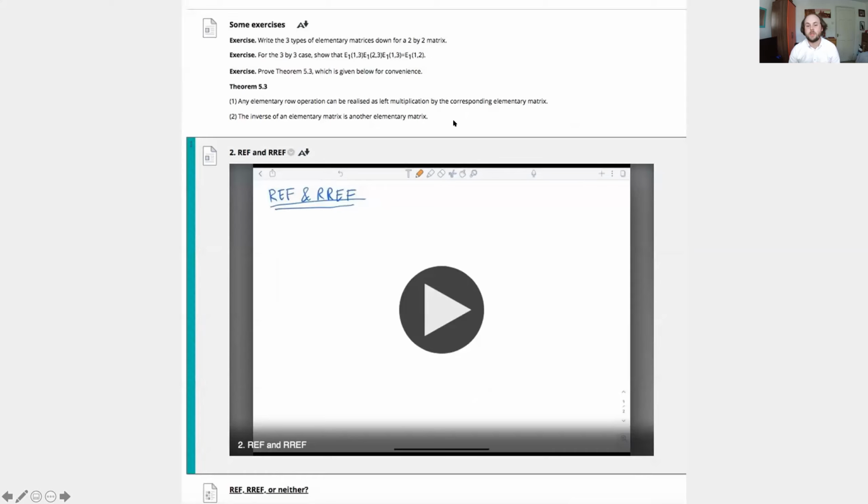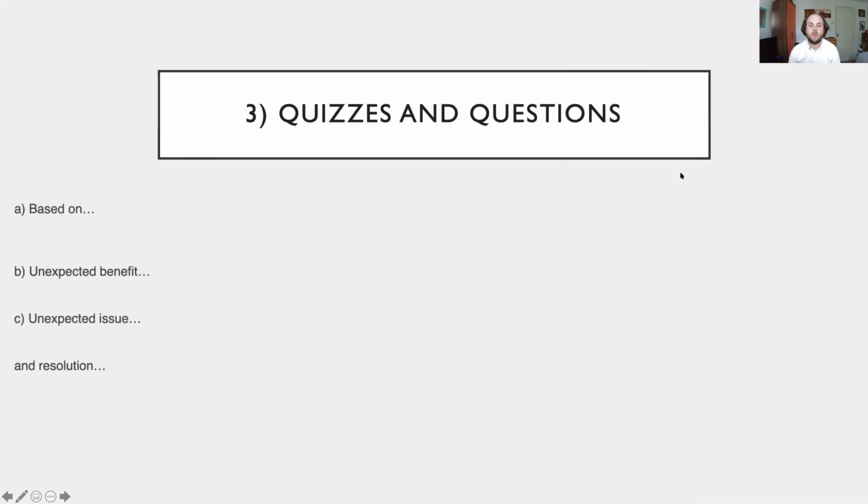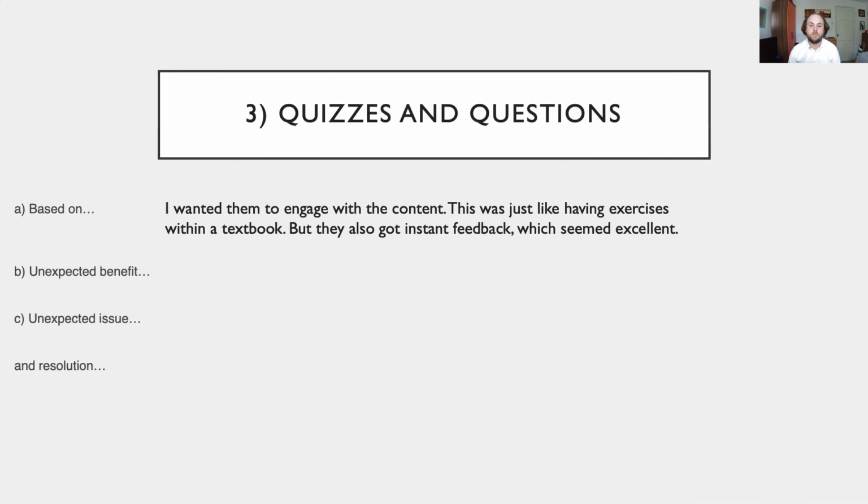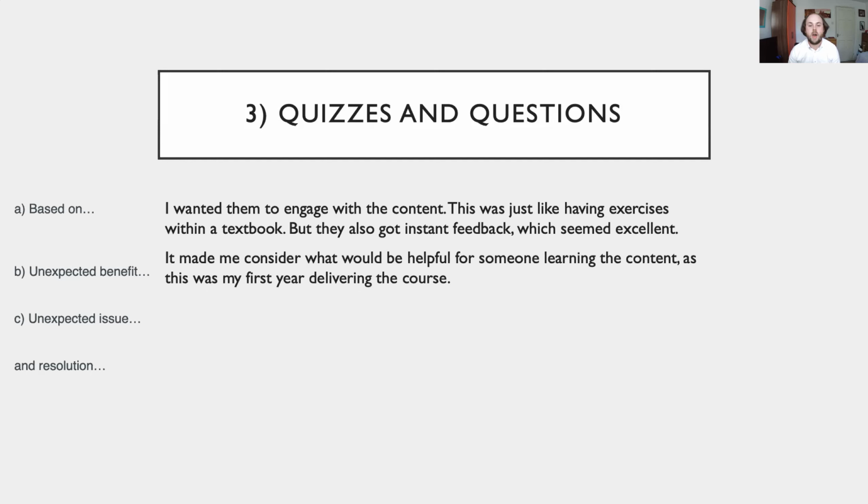And also exercises between them and quizzes. So Blackboard quizzes are quite reasonably easy to make, and you're sort of reusing questions that you would have in the notes in some cases. So what's it based on? Well, I just want to get them to reflect on what they're doing and not just watch the video seamlessly. Otherwise, there's no point in having them as small videos.